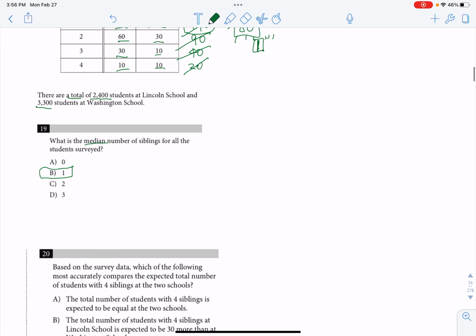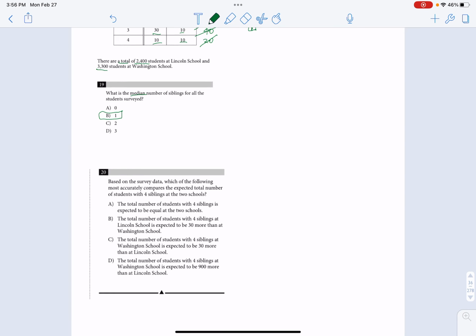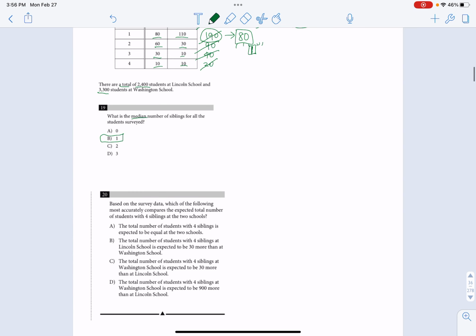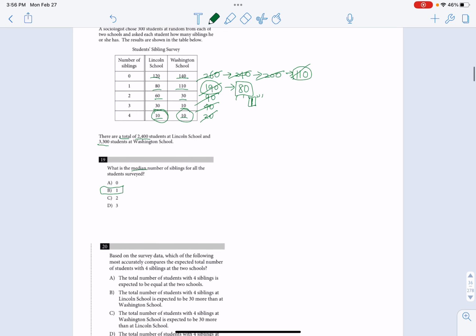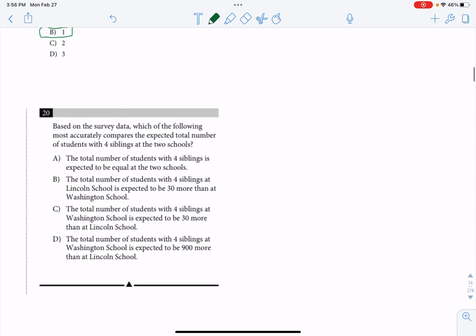And then they say, based on the survey data, which of the following most accurately compares the expected total number of students with 4 siblings at the two schools? When we see this one, they have 10 students from each school out of 300 surveyed. So Lincoln High School first.